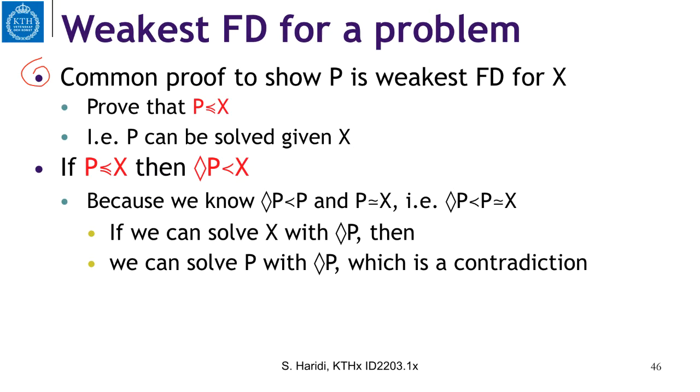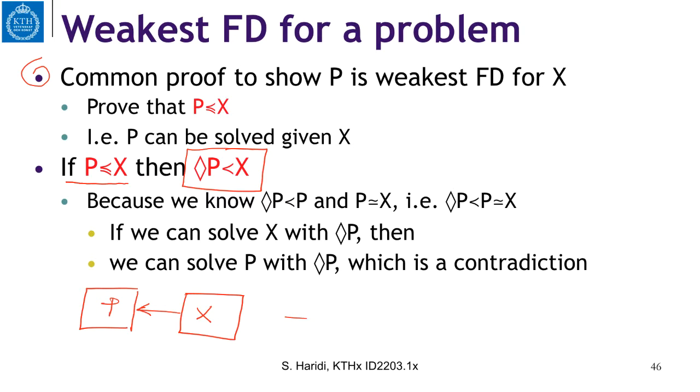A common proof to show that P is the weakest failure detector for X is to prove that X can solve P. So P is reducible to X, which means X can solve it. So if P is reducible to X, then we know that X is strictly stronger than diamond P. And by strictly stronger than diamond P, it means that we cannot solve the problem using diamond P. And here's a way to think about it.